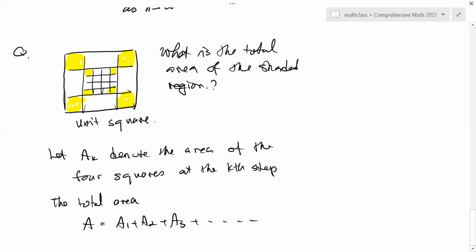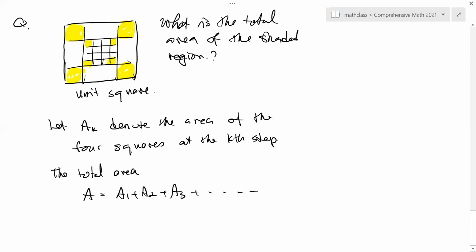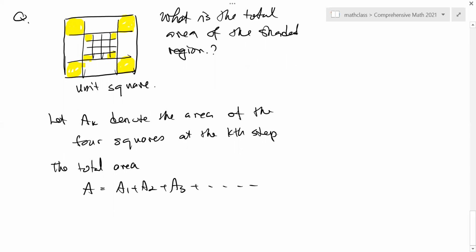So let's try to figure this out. Each time, we have to figure out the edge length, A1. A1 is 1 divided by 4, because it's a unit square.